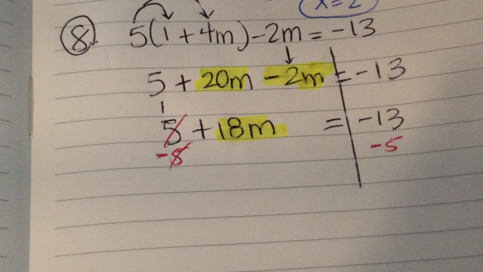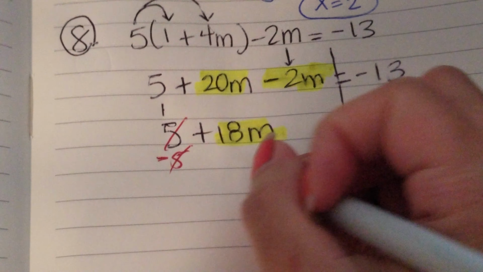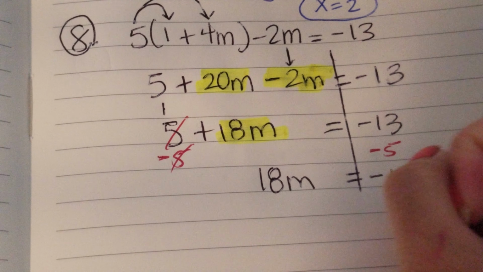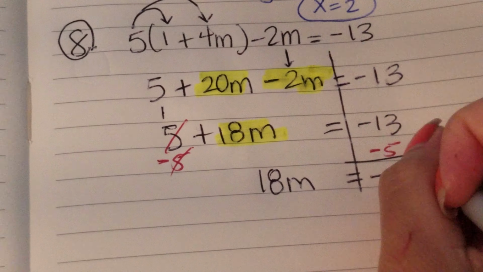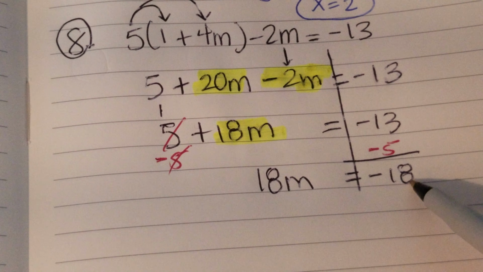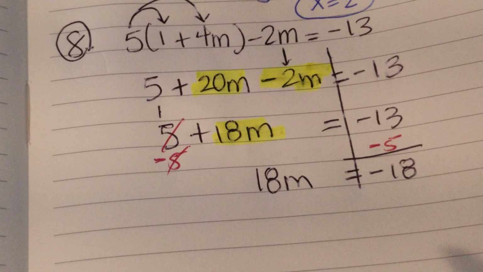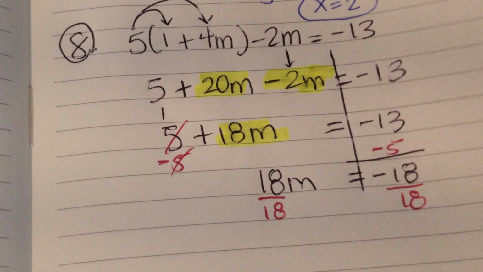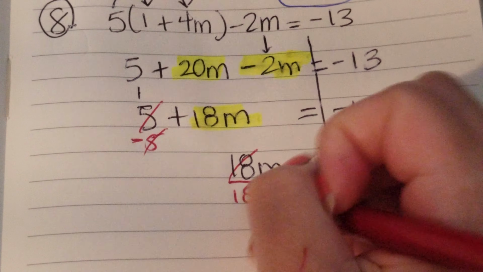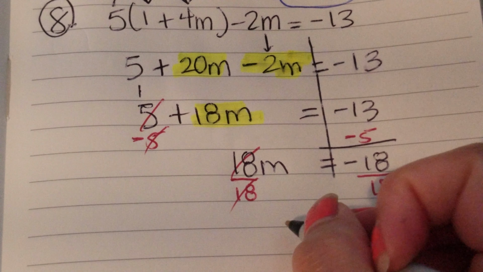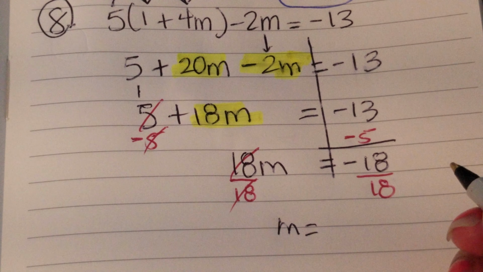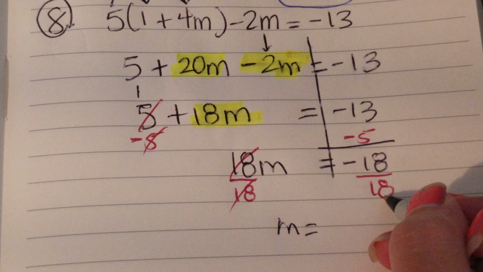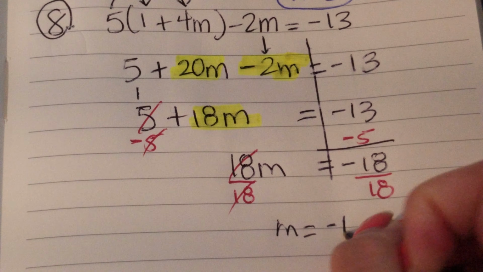So this will go away, and now we just get 18m equals negative 18 on this side, right? Because negative 13 minus 5 is negative 18. And now divide by 18 on both sides, right? So m equals negative 1. Is that what I got? Negative 18 divided by 18, negative 1, yes.